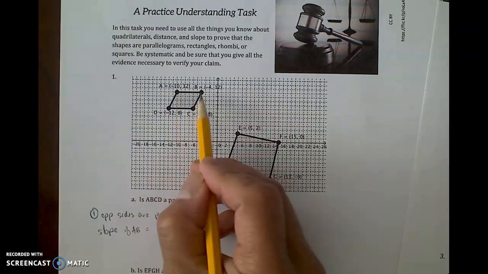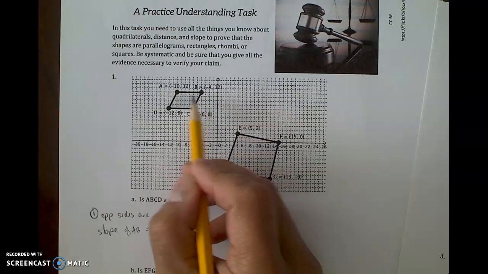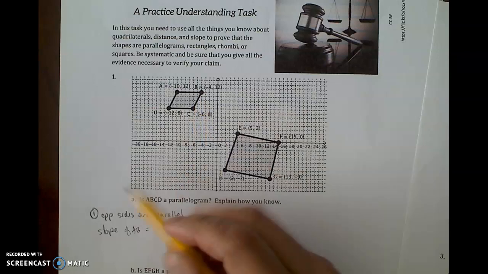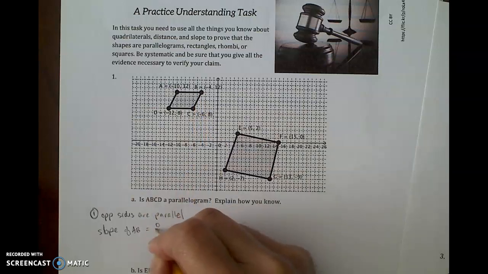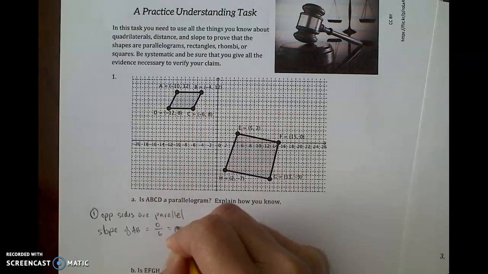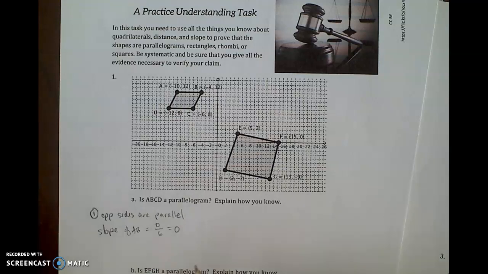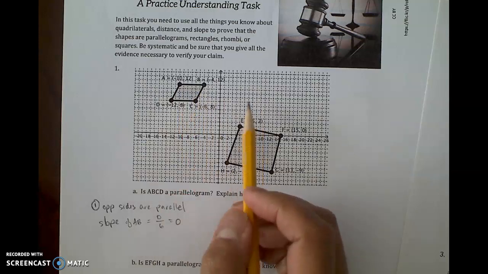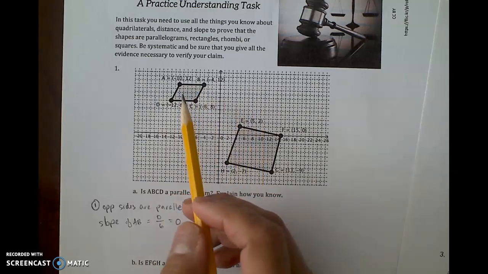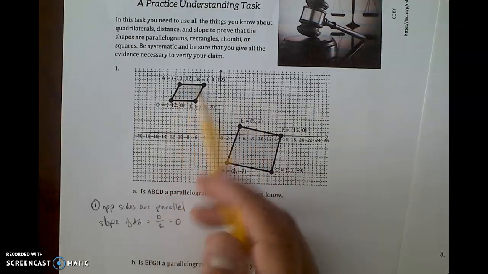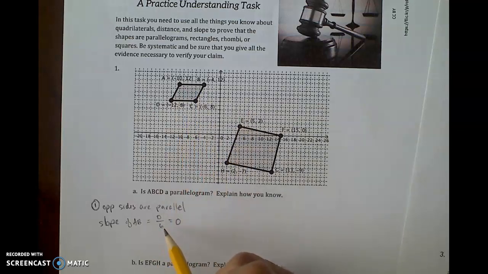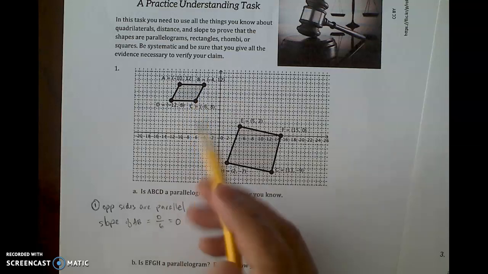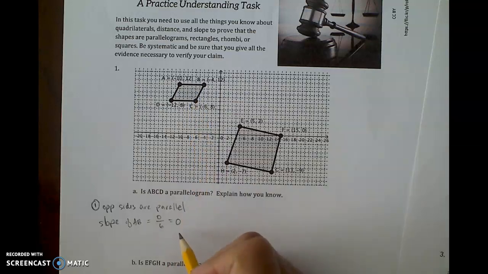If we do rise over run, we rise 0, run 1, 2, 3, 4, 5, 6. Rise 0, run 6. So that has a slope of 0. Or if you recall, since side AB is a horizontal line, horizontal lines have a slope of 0. So we can do rise over run, or recognize this is a horizontal line. This has to have a slope equal to 0.